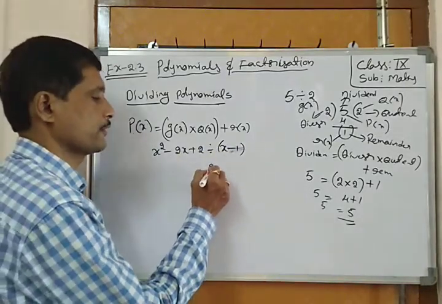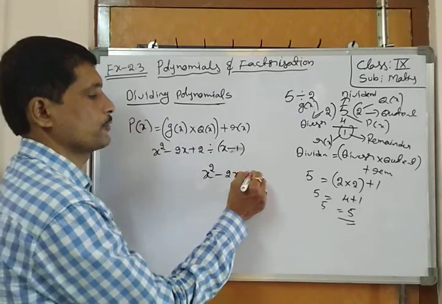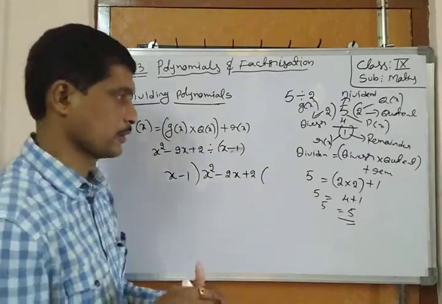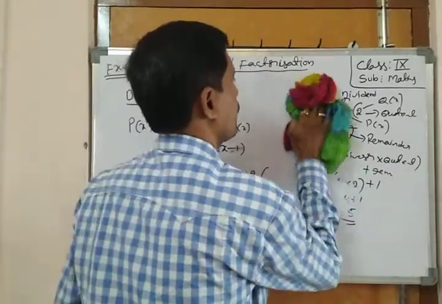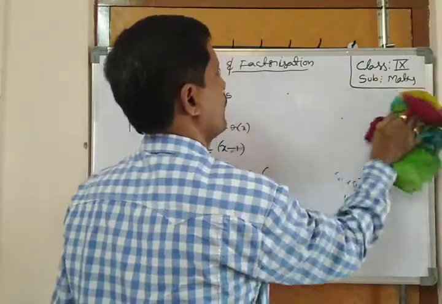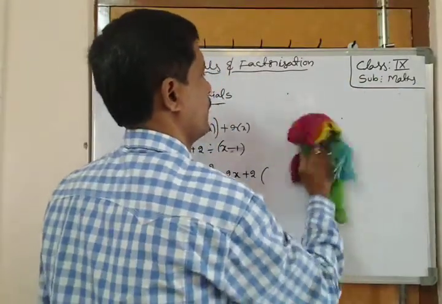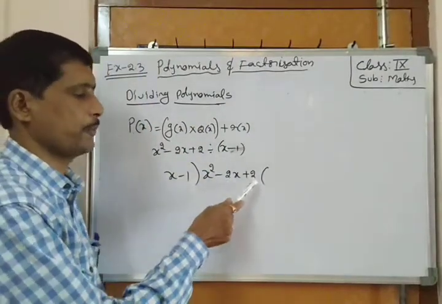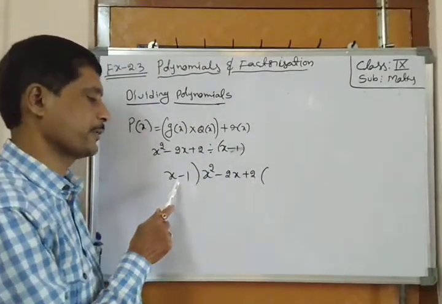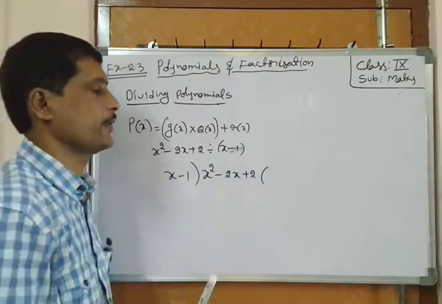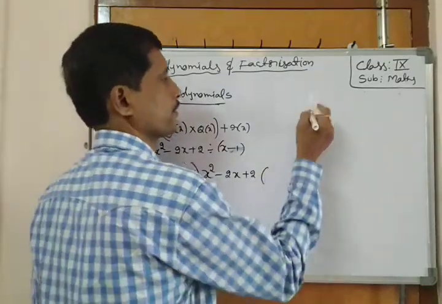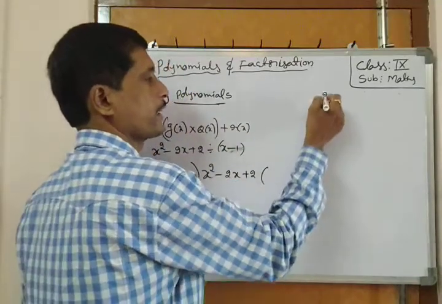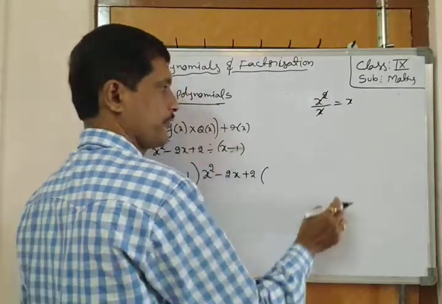Therefore x square minus 2x plus 2, here x minus 1. Here the dividend's constant term is 2 and the divisor's constant is 1. First, x square by x gives x, which is the quotient.